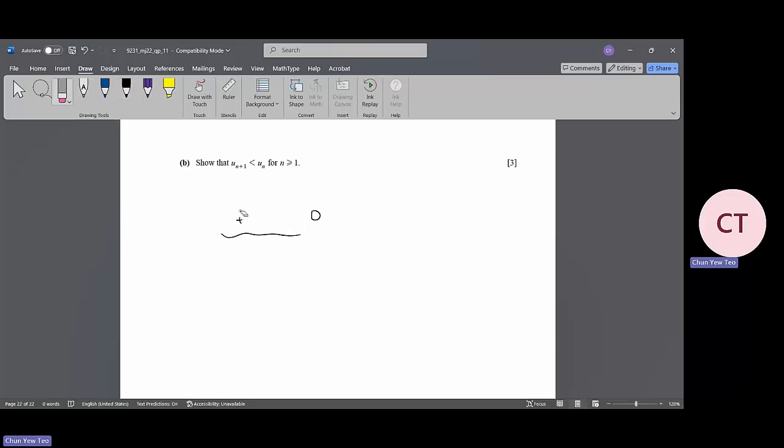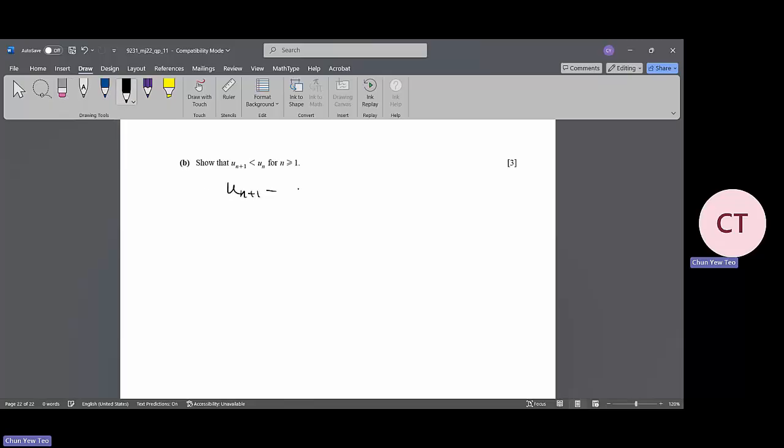But for this question, we are not going to use MI. They didn't mention mathematical induction, so we actually don't need to use it. We will just use the normal way to do it.